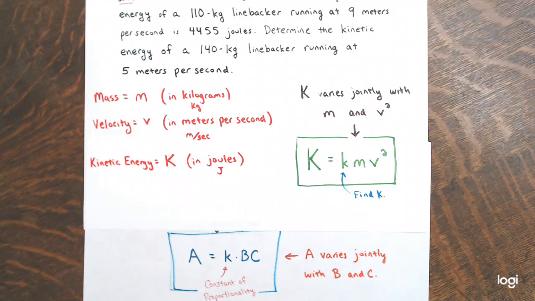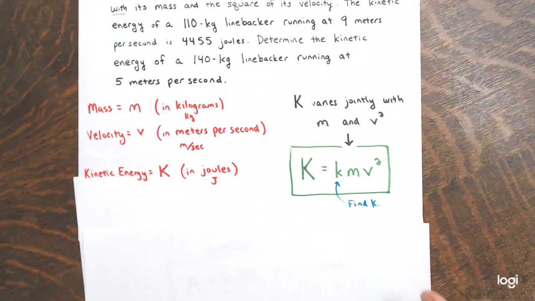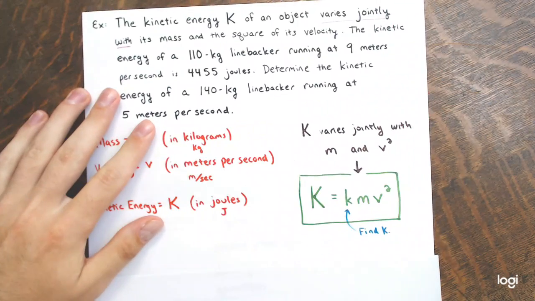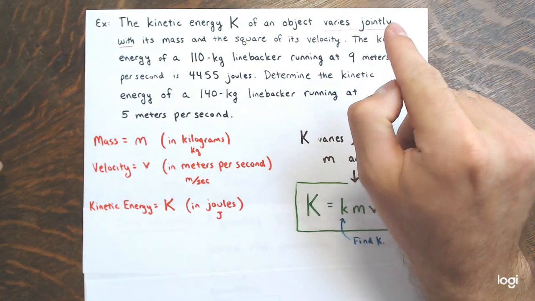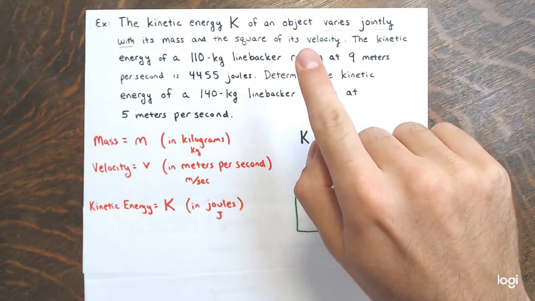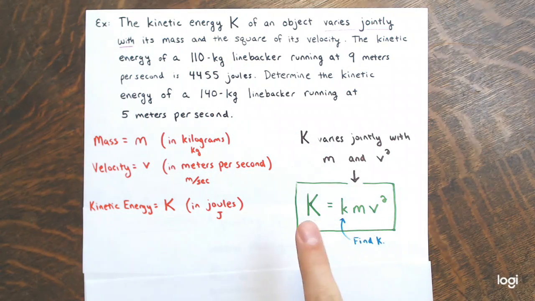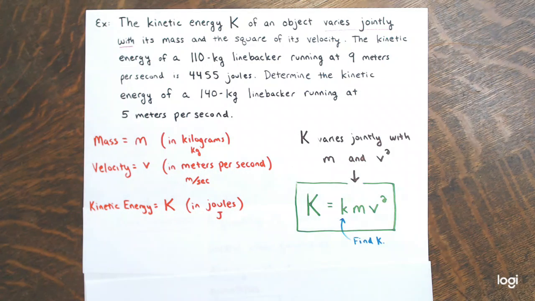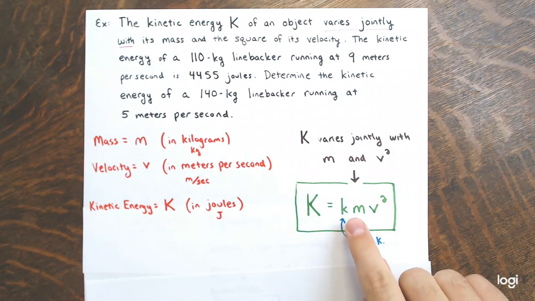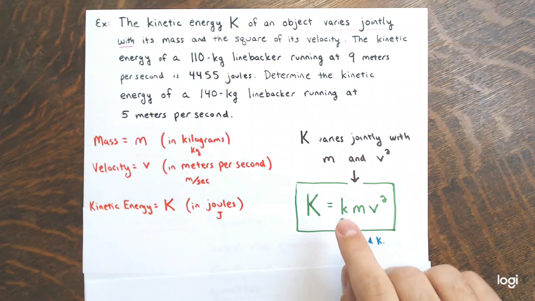And in order to do that, I'm going to have to use some information that was provided to us in the problem. So let's look back through the problem. They told us in the first sentence, the kinetic energy K of an object varies jointly with its mass and the square of its velocity. I have stated that here. The next sentence gives me the information I need to find this lowercase k, the constant of proportionality.